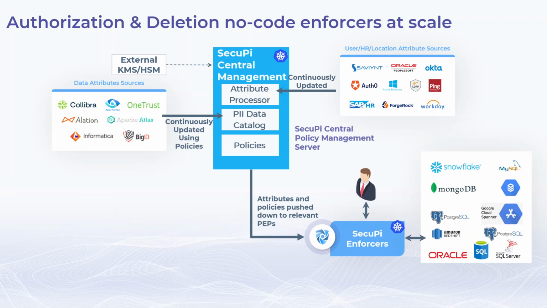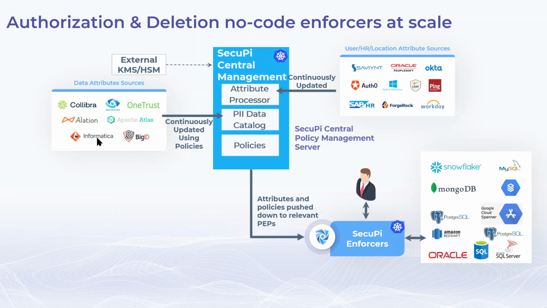This is a high-level architecture of the SecuPi platform. We have a centralized server where you can manage your policies regarding what to report, who gets access to what, what needs to be encrypted, what needs to be masked, what needs to be deleted. Those are in the policies. In order to make those policies easier, you might want to get information about the users from your identity management systems, your HR systems, your authentication systems, but you also want to get information about your data.